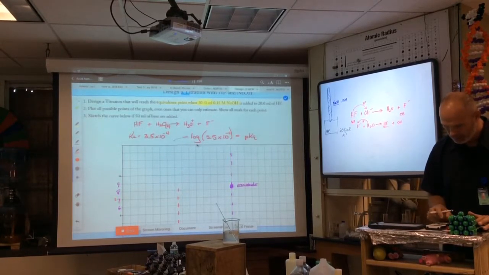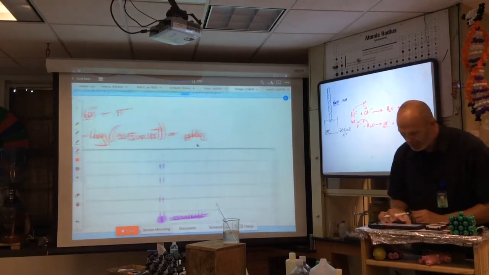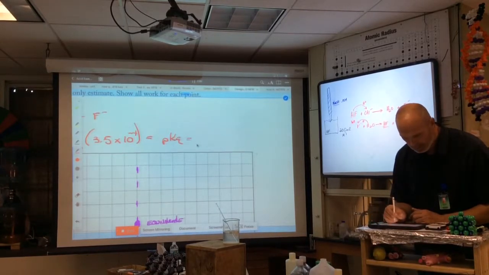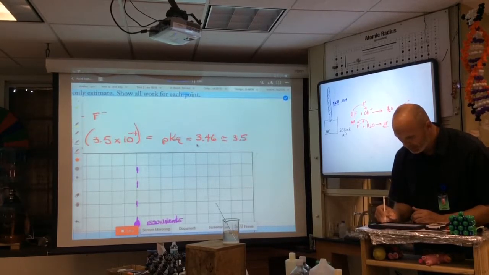Negative log 3.5, I would use the second function EE key, negative log. And I get, party people, the pKa is equal to 3.46. We can round that because we're estimating, 3.5. And wait a minute, doesn't that equal the pH at the half equivalence point? Yes. We're learning this forward and backwards.